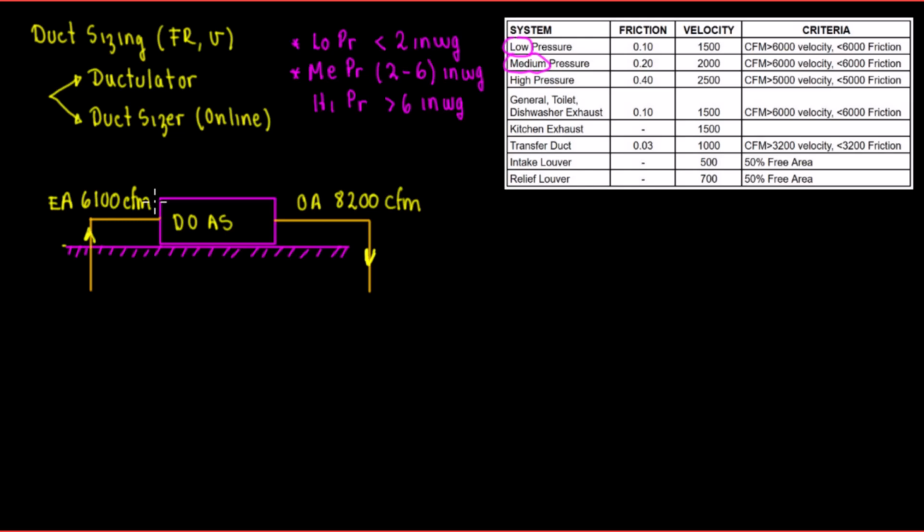All right. So whenever you do your calculations, you always do preliminary calculations. Okay. So for preliminary calculations, usually I put, depending on the case, depending on the building. For this, I would put, for example, 2.5. There we go. So this is going to be 2.5 inches of water gauge. See, inches of water gauge.